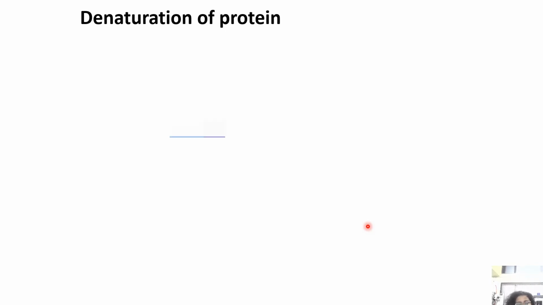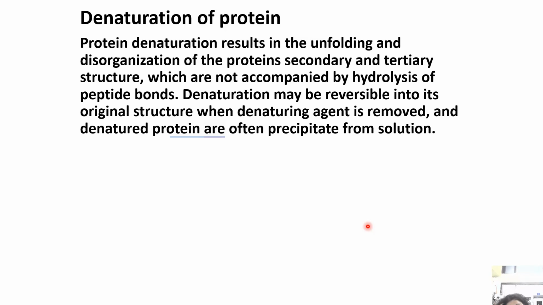Okay, so if we talk about the denaturation of protein, protein denaturation results in the unfolding and disorganization of the protein's secondary and tertiary structure, which are not accompanied by hydrolysis of peptide bonds. Denaturation may be reversible into its original structure when the denaturing reagent is removed, and denatured proteins are often precipitated from solution.